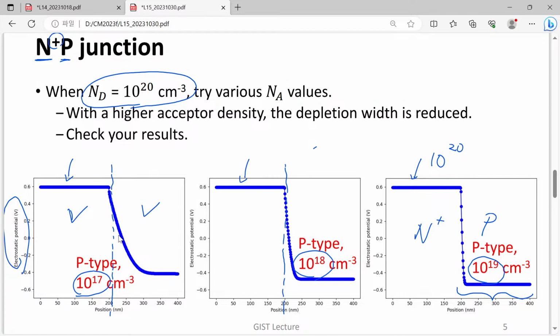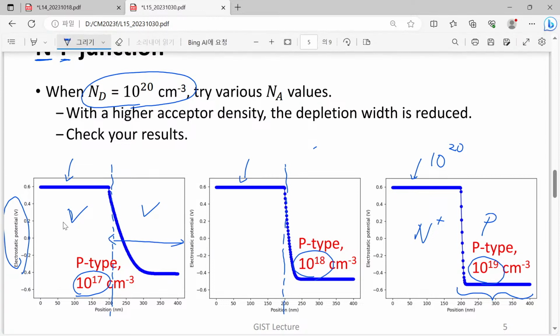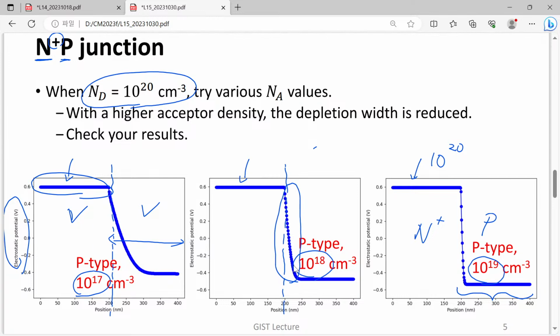The potential changes only in the p-type region. In the n-type region, nothing happens. Please have a look at this part. This is the 10 to the 18 case. Still, everything just happens in the p-type region.